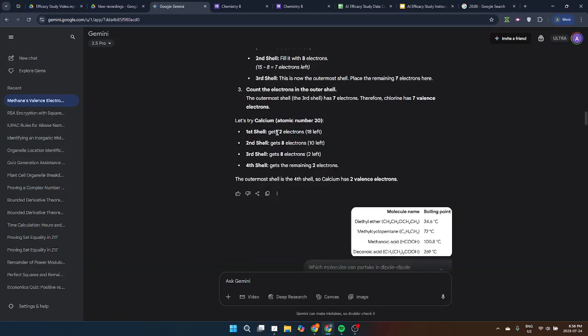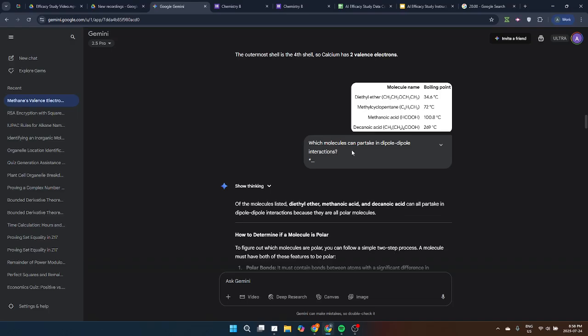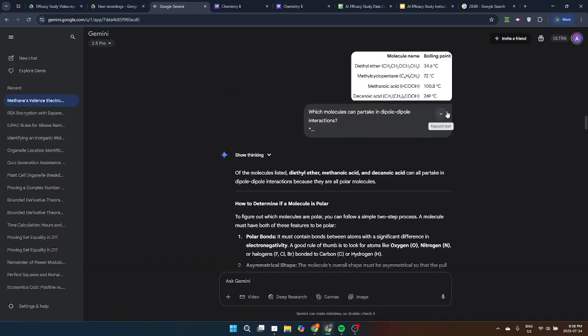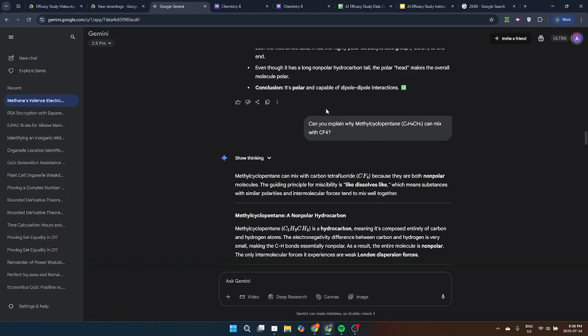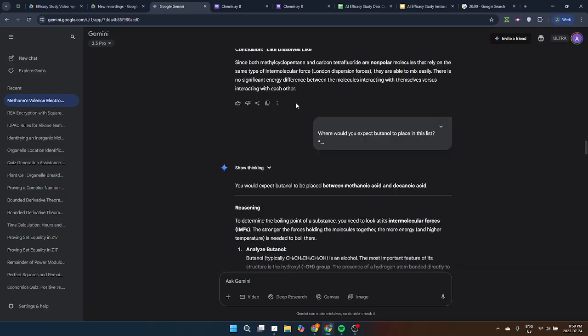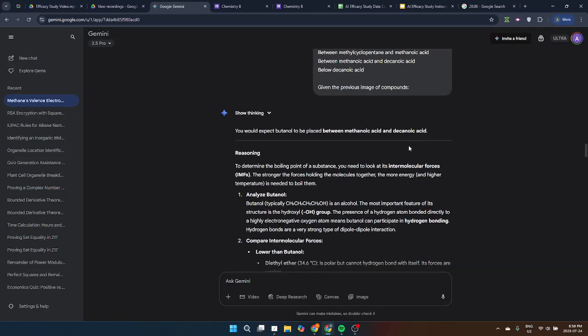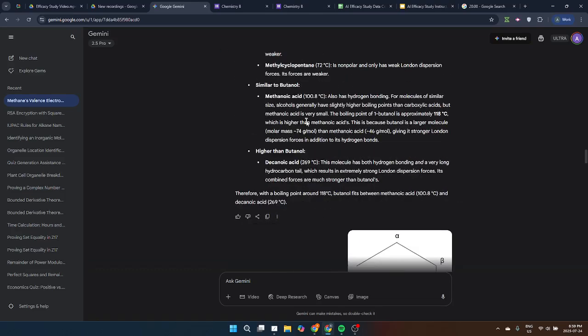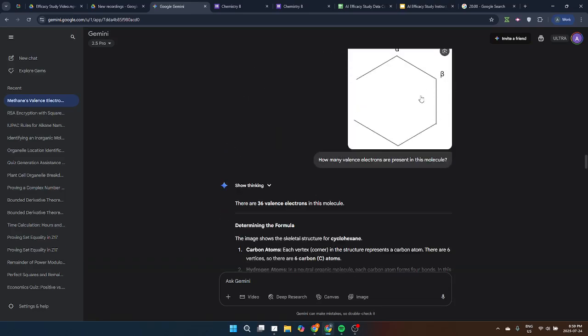Then a bit more counting of valence electrons, and which molecules are taken. I pasted another question, and another, just to clarify some of these concepts, and then I uploaded this question as well.